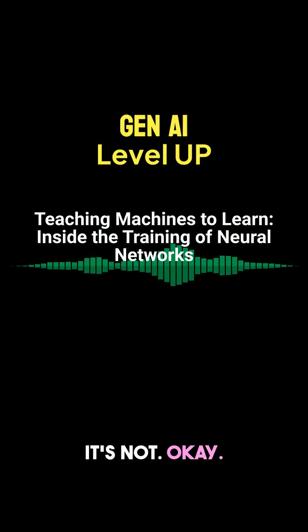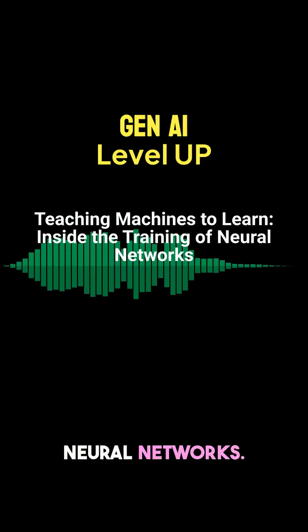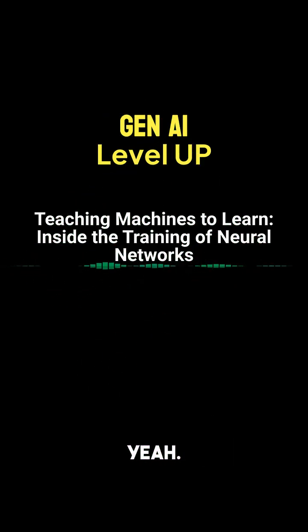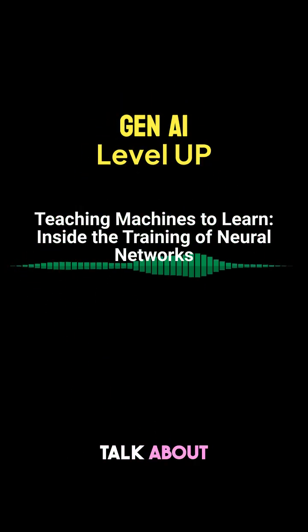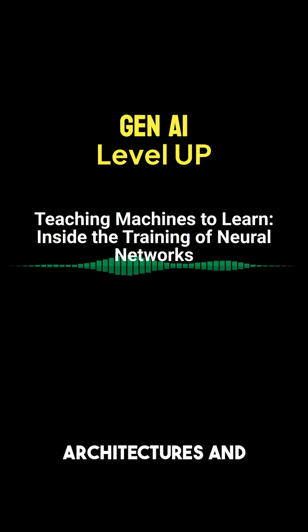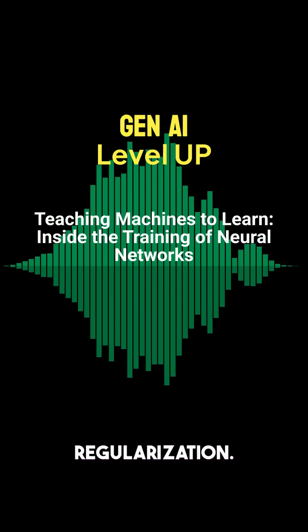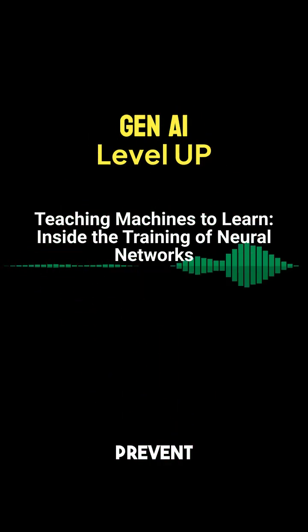Wow, this is really shedding light on all the complexities of training neural networks. It is, and we've just scratched the surface. There's so much more to explore, like specialized architectures and advanced techniques like regularization. Okay, what's that about? Regularization techniques are tools to prevent overfitting.